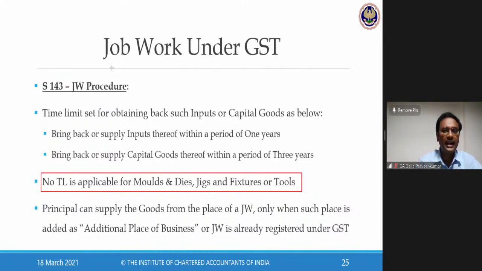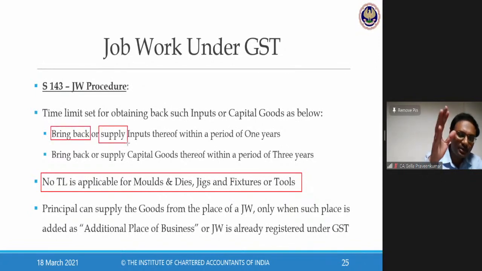Now, I have used the language of bring back or supply. Now, I'll come to this particular important aspect, which is relevant for you. Bring back. I can bring back those goods after job work, or I can supply from the job worker premises to my customer. I gave an example of Uttar Pradesh.